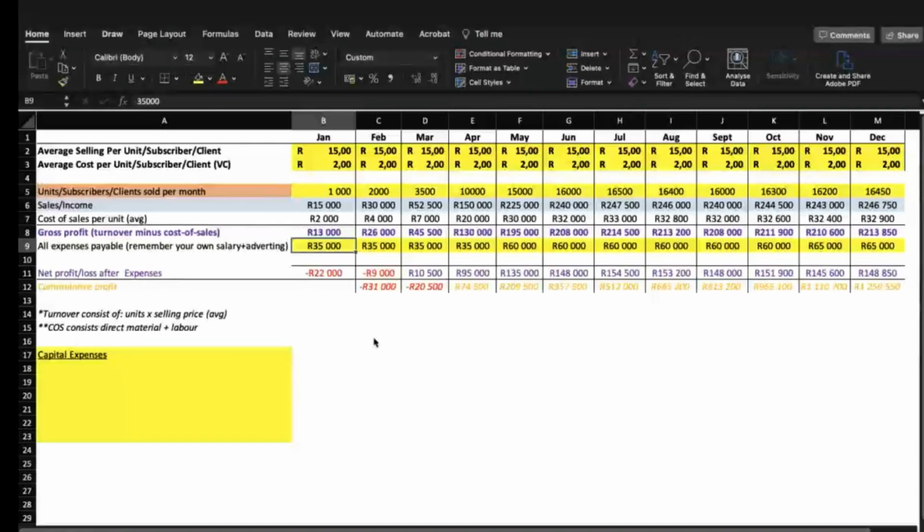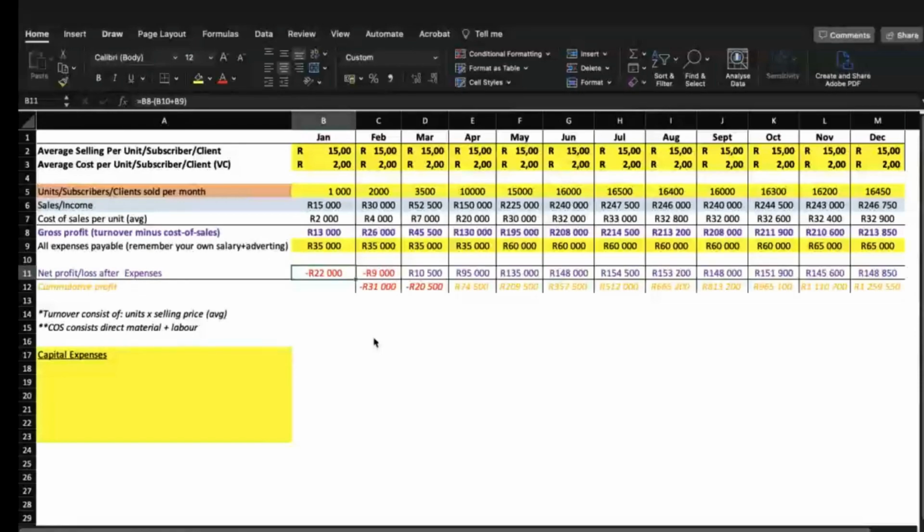So anything that you must pay each month, whether you serve one meal or 100 meals, those are overheads. If you're running an app, everything that you must pay each and every month, whether you're selling your service to one customer or to 100 customers, those are your overheads.